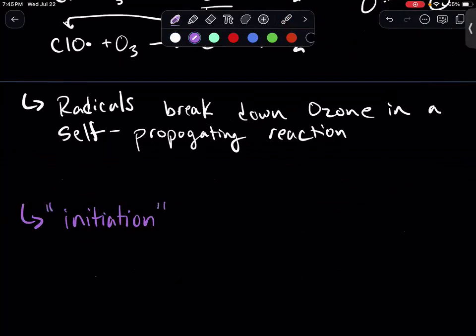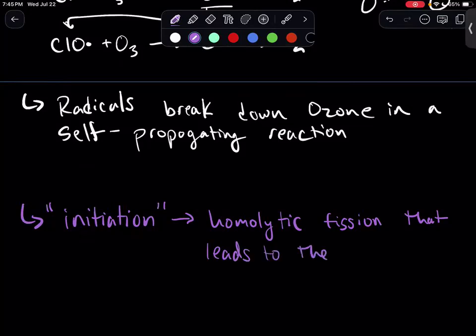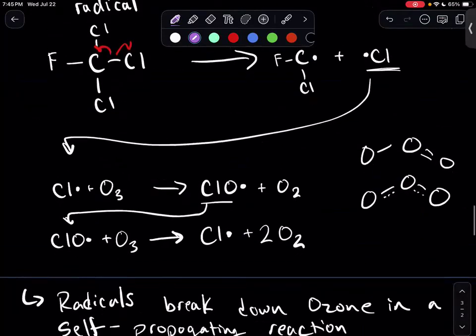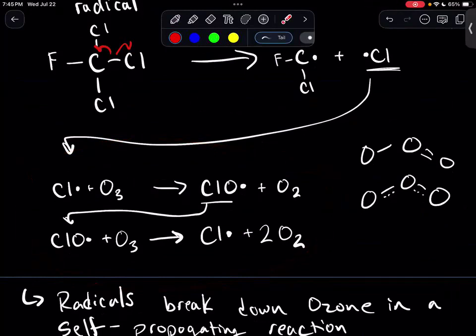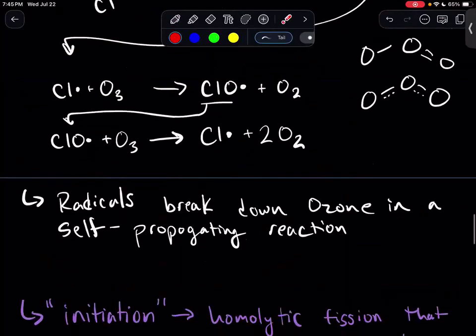Initiation is basically the homolytic fission that leads to these further processes. So when we see homolytic fission that leads to further radical propagation, we call that initiation.